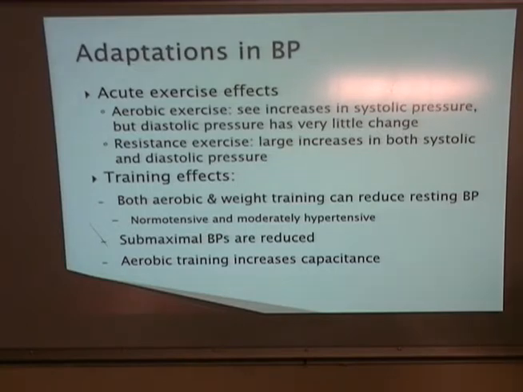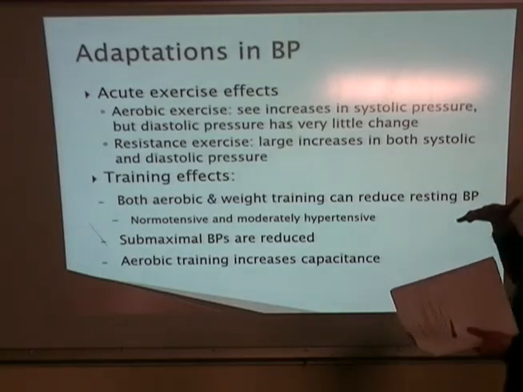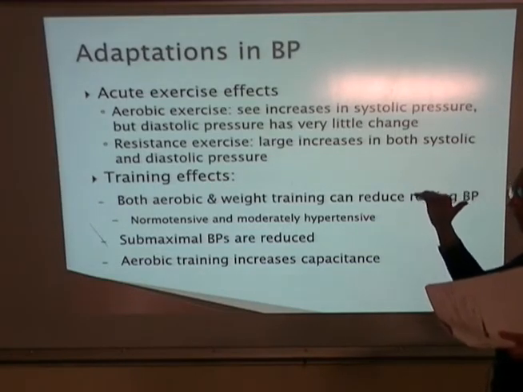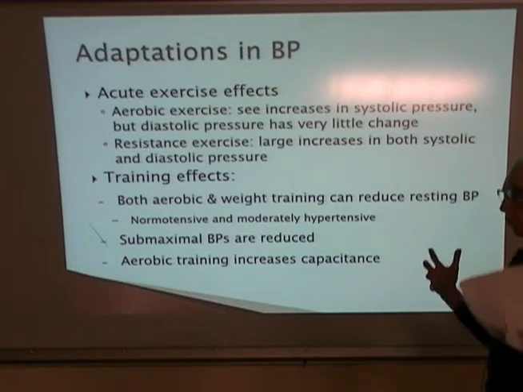So somewhere in that range when we just get up and go do some aerobic work. We would not expect to see change in the diastolic, the lower number. It'll flicker around a little bit, but we don't see real change.